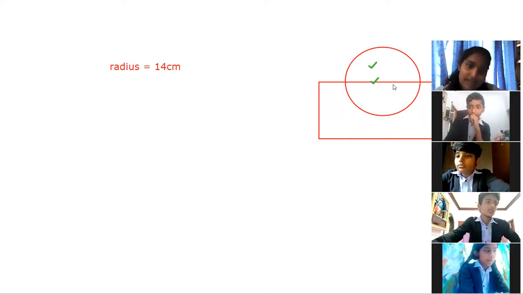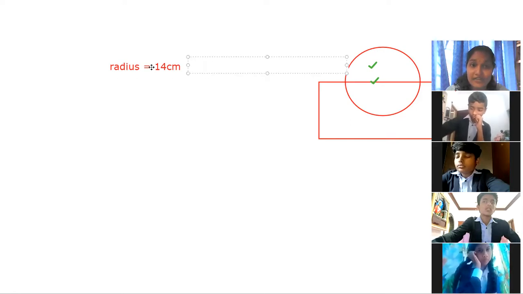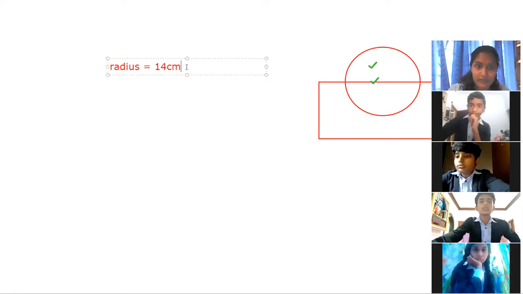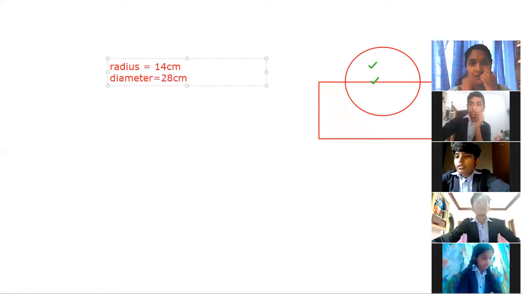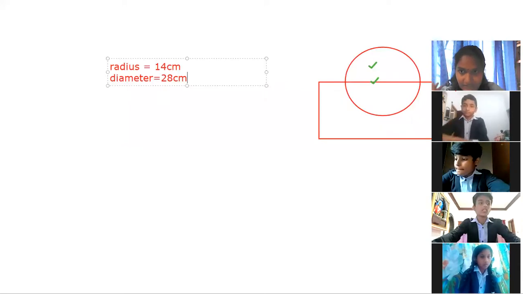Radius is 14 centimeter. Then what will be the diameter? Diameter is equal to 28 centimeter. Yeah, diameter is always 2 times the radius. 2 into radius will be the diameter. Clear?